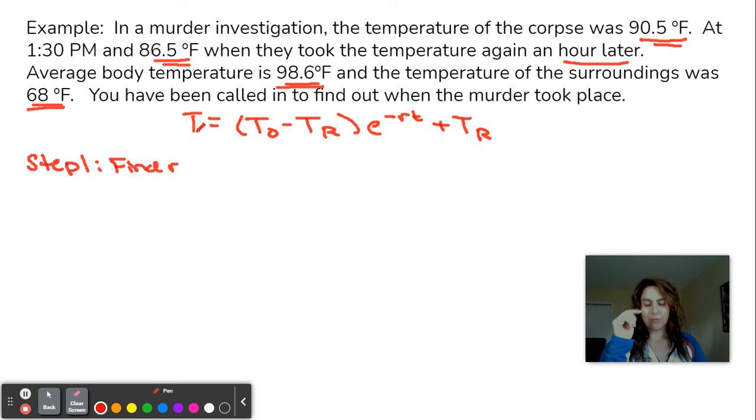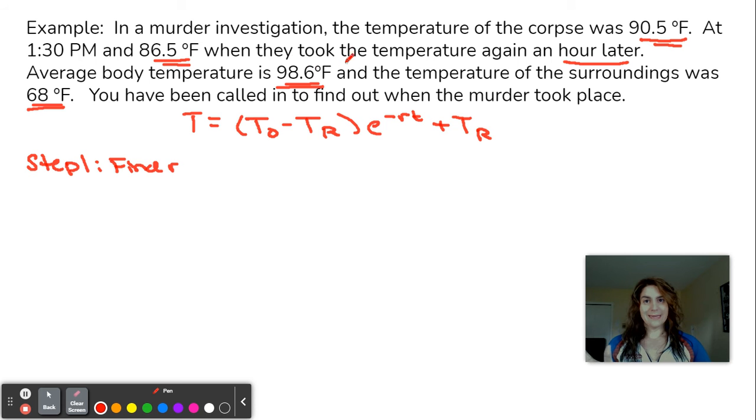Okay, so when we do this, this 90.5 is going to be 2 things. It's an original temperature that they found, and it's actually a start temperature. Oh, sorry. It's also a temperature after a certain amount of time. We have 86.5, which is a temperature after a time frame, after the 1 hour.